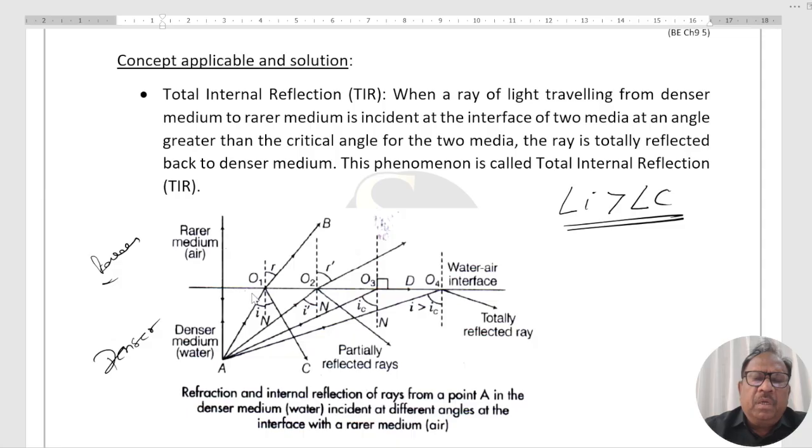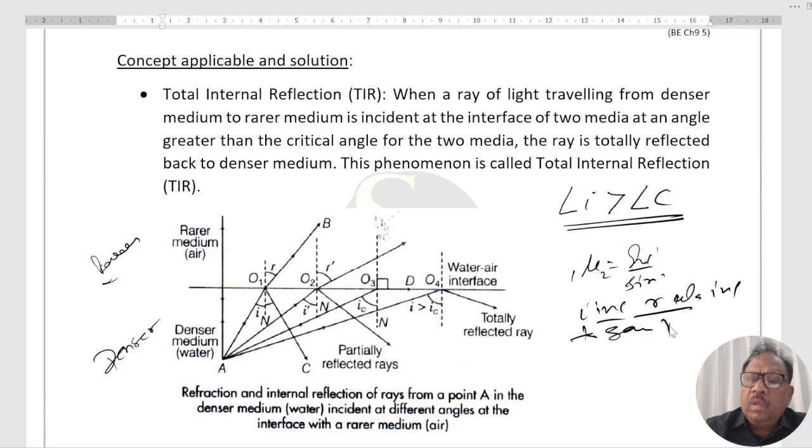It means as the angle of incidence goes on increasing, the angle of refraction is increasing, as mu equal to 1 mu 2 equal to sin I upon sin R. As I increases, R also increases for the same pair of media. Sin increases with angle.